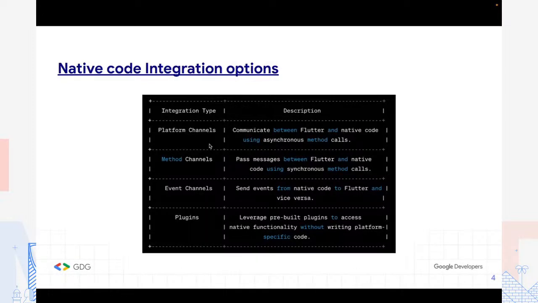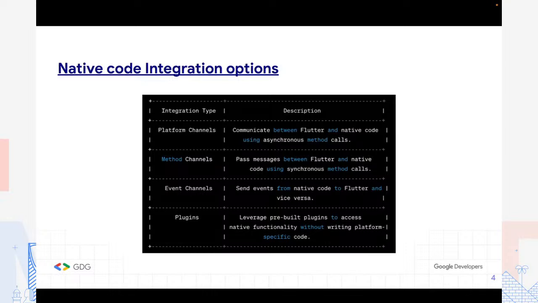In this way, when the communication is done, only then will you get the possible output, because when you write the platform specific code, Flutter also has to understand what it has to do with that code. So let's say I have a widget called home page, and in my home page I'm trying to get the battery percentage of my Android device, and I write the native code for that.